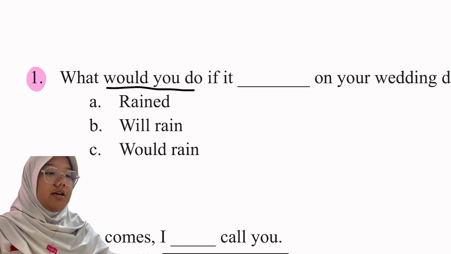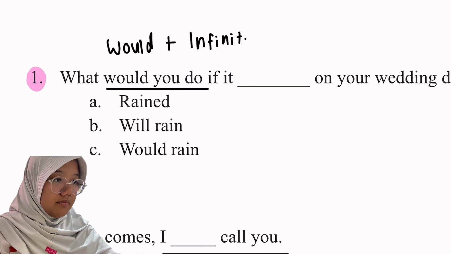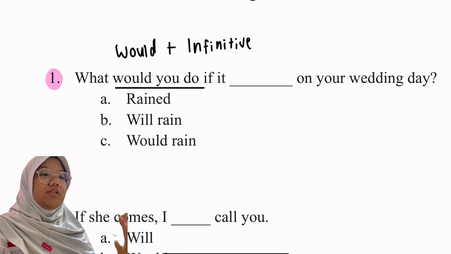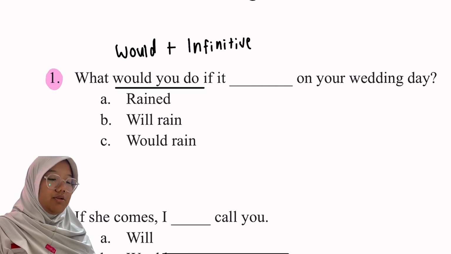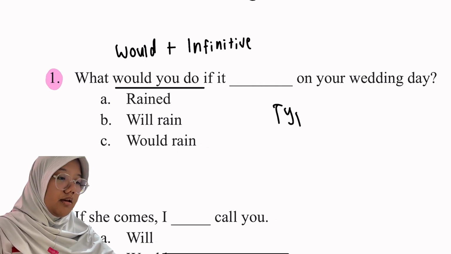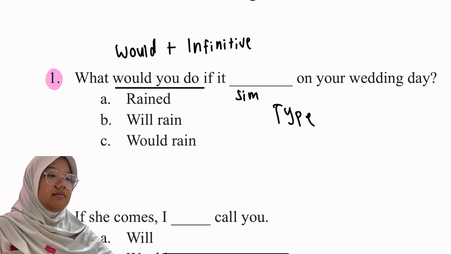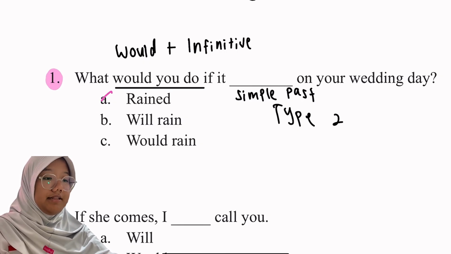Would you do is would plus infinitive. Would plus infinitive is used in the result in type 2. So for the condition, we use simple past. So the correct answer is rained.